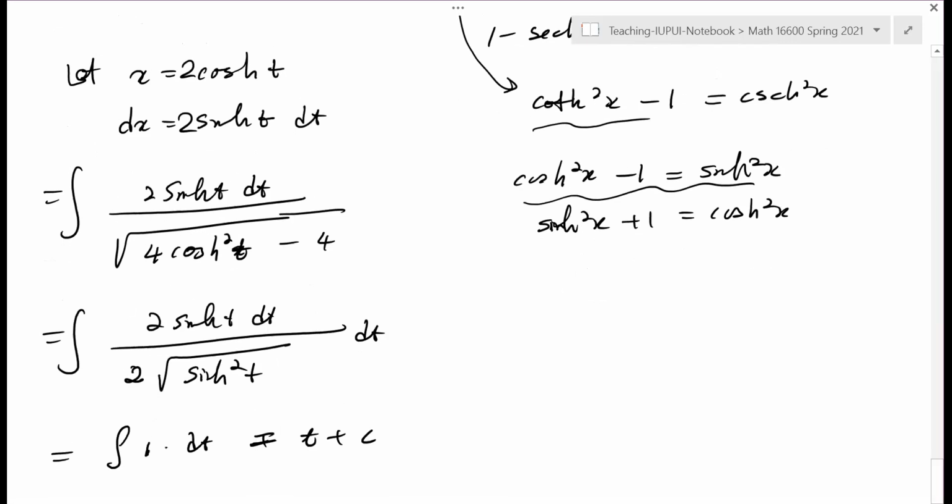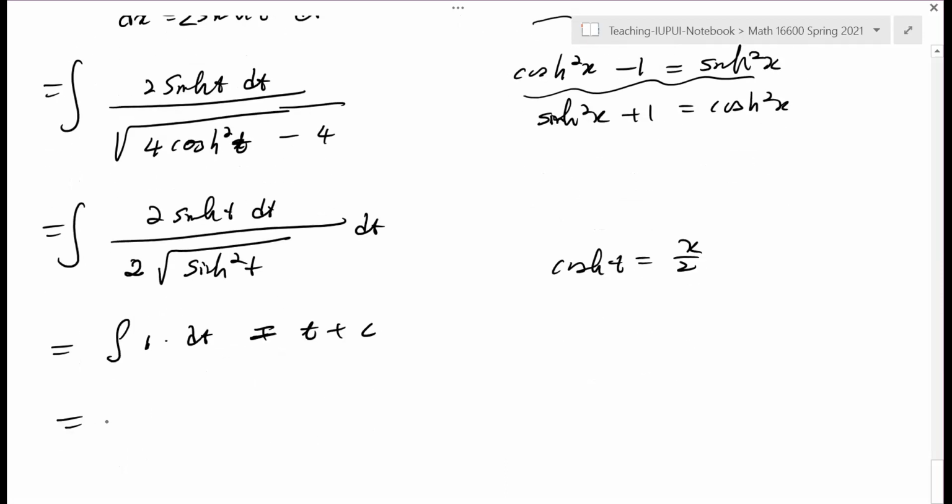Well, the relationship between x and t is here. So that is why you can put the inverse here.